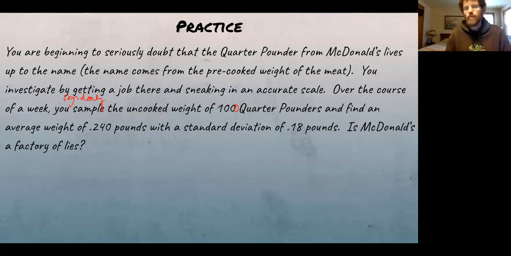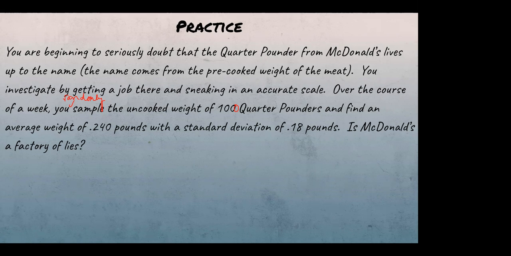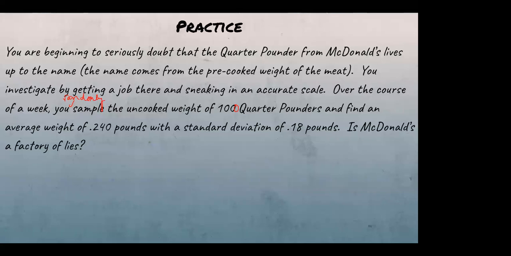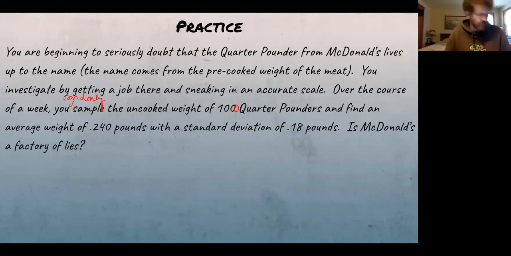What would our alternative hypothesis be for us to determine if it's a one or two-tailed test? If it's a two-tailed test, what would our alternative hypothesis have to be? Is the weight not equal to a quarter of a pound? There you go. Are we concerned with it not equaling a quarter pound, or are we concerned with it being greater or less than? Not equal to. Okay.